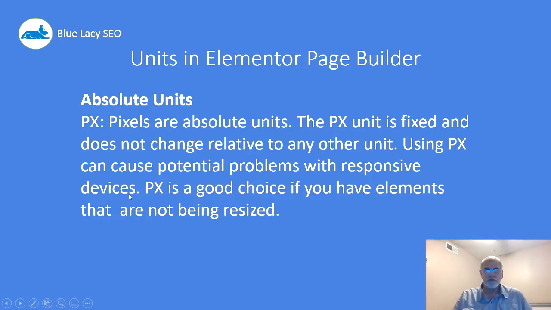Whatever screen size you're using to create this, I'm creating this on a laptop, you could be using a very large monitor on a desktop, or a smaller device like a tablet, and there's even a phone size which is even smaller. These units are more fixed, so they don't respond to responsive devices. PX is a good choice if you have elements that are not being resized.